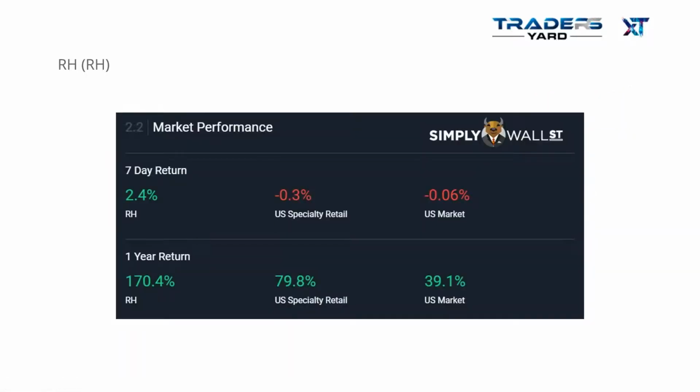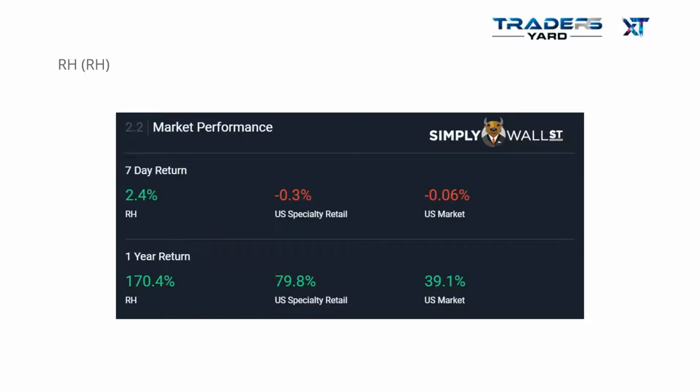If we take a look at the market performance, you can also see why I like this stock. Over the last year, the US market made a performance of 39.1%. The specialty retail sector, which RH belongs to, made around 80%. That's quite good. So we can see it's a really good sector to be in as an investor.